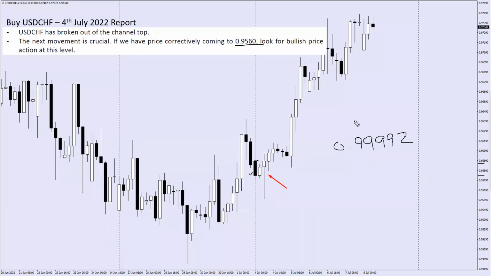Now, when we talk about pip calculation, I am only referring to the 4th decimal point. So if I say 1 pip, that means movement here. If you take 5 decimal points, that means 1 pip equals 10. Understand? Because this is known as a pip, this last one here is known as a pipette.